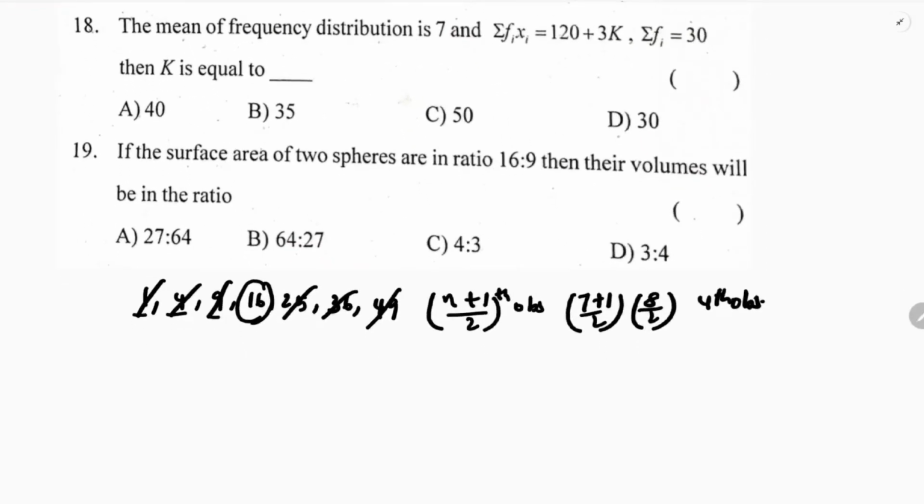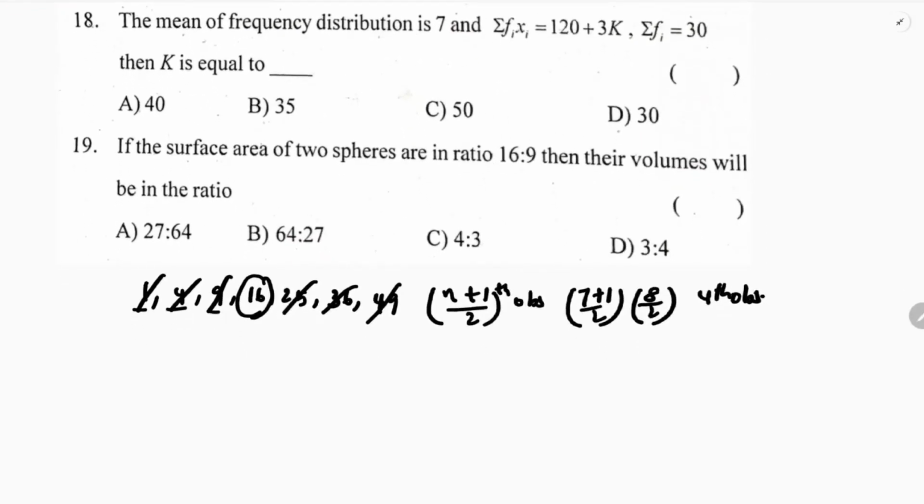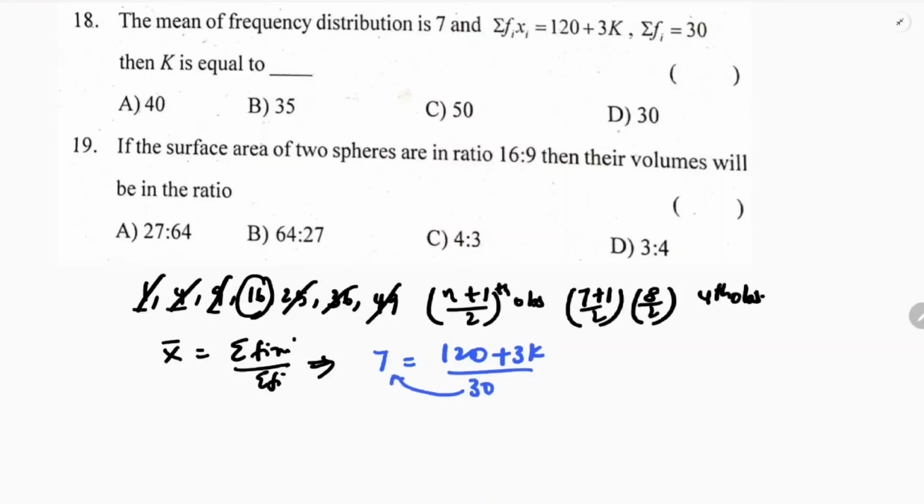Next one, the mean of a frequency distribution is 7. So mean is given as 7, and the mean formula is sigma fi xi by sigma fi. If you calculate, mean is 7, sigma fi xi is 120 plus 3k, divided by 30. 7 times 30, 210 equals 120 plus 3k.